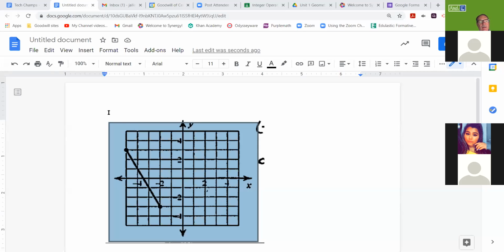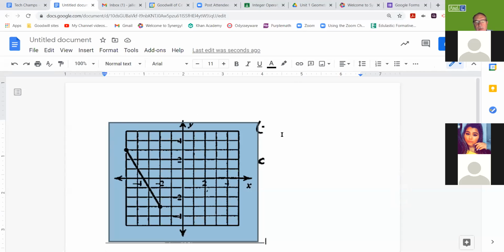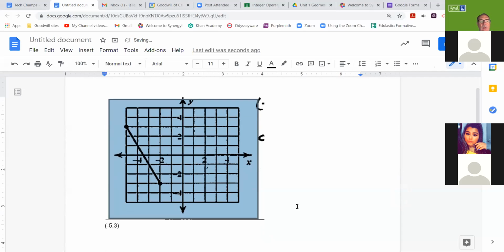So I was trying to say over to the left here, we have this first point, -5, 3. And the second point is -2, and really to do the distance formula, all we need are the two points.